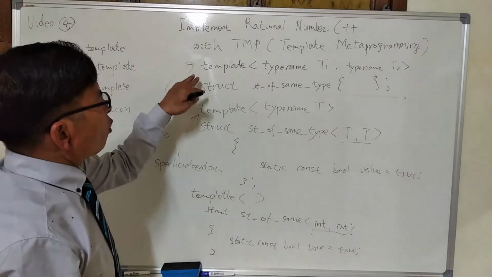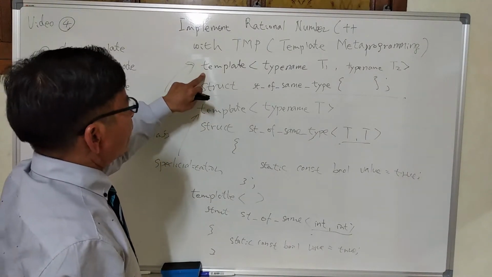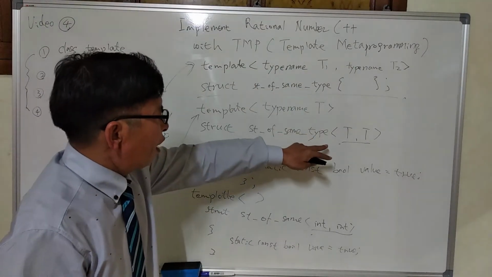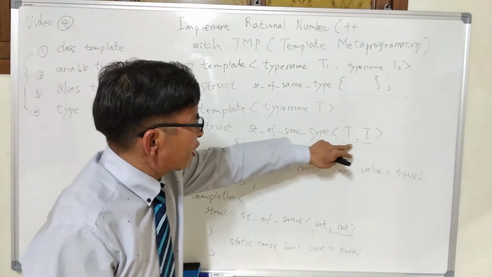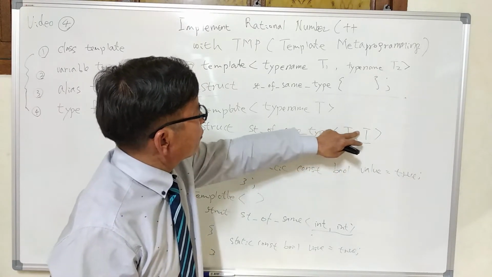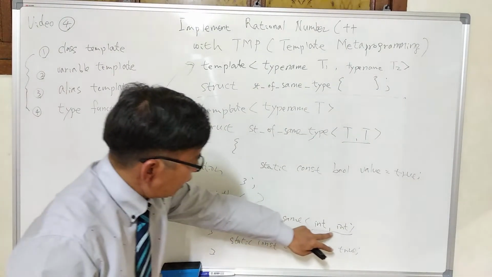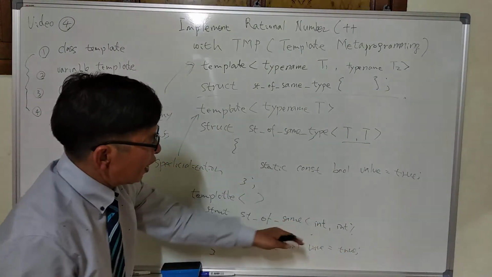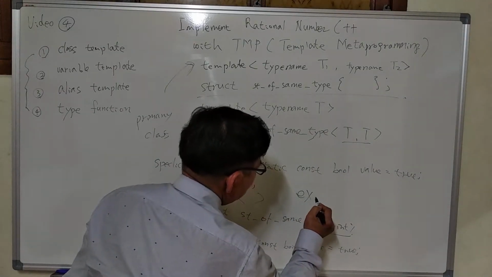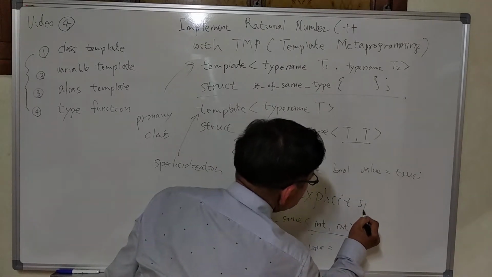We always have to declare or define primary template first. Then we can use this partial specialization. In case of partial specialization, we are using template parameter like this. In case of this, it is called explicit specialization.